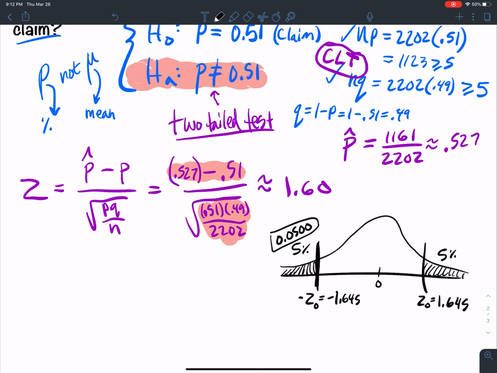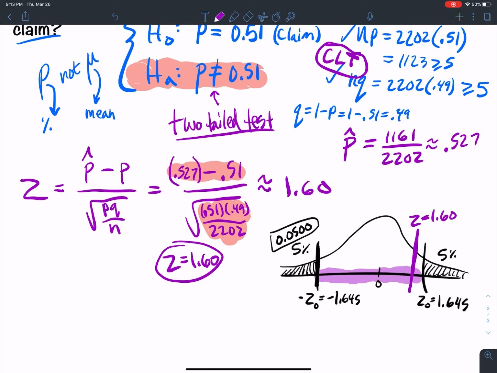So where does our statistic z equal 1.60 fall? It actually falls right here. Is this the rejection region or the non-rejection region? In here, between these two values, that's the non-rejection region.